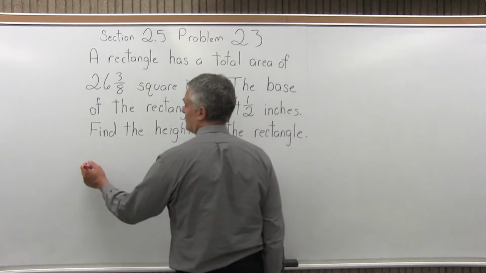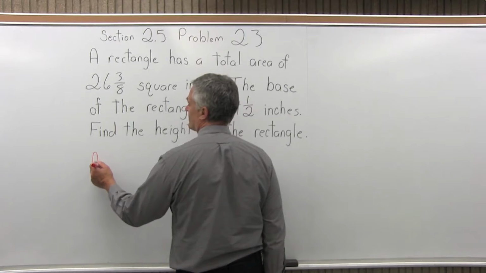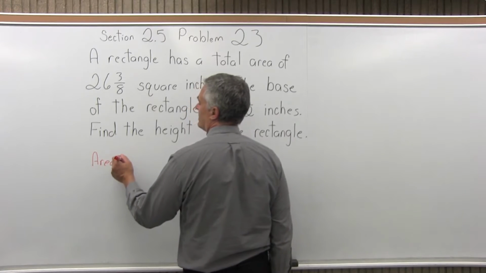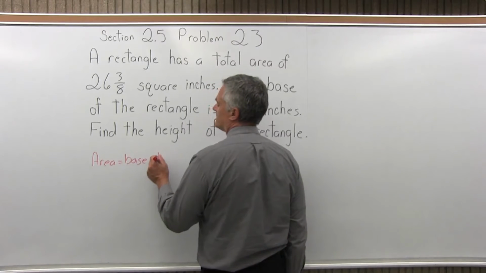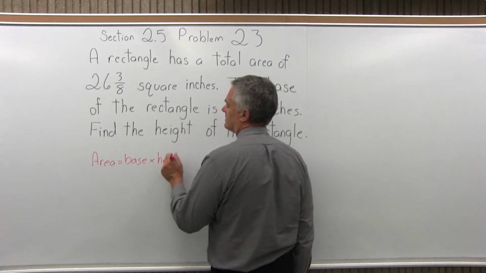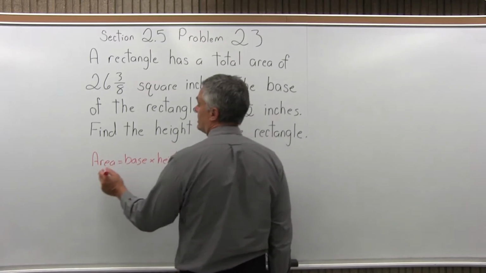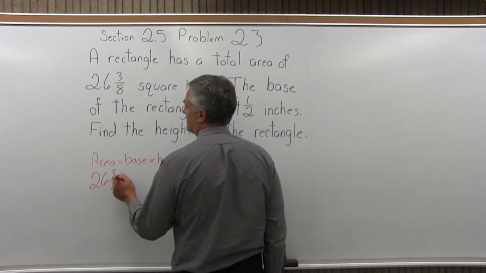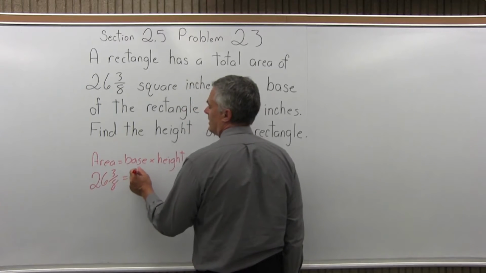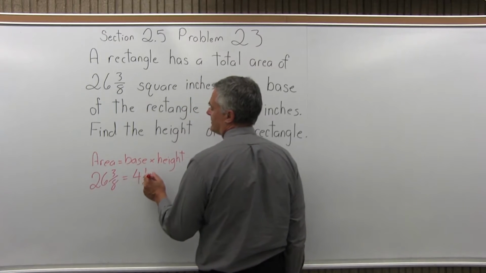So, for any rectangle, area equals base times height. Now I know the area is 26 3/8, and that equals the base of 4.5 times the height.